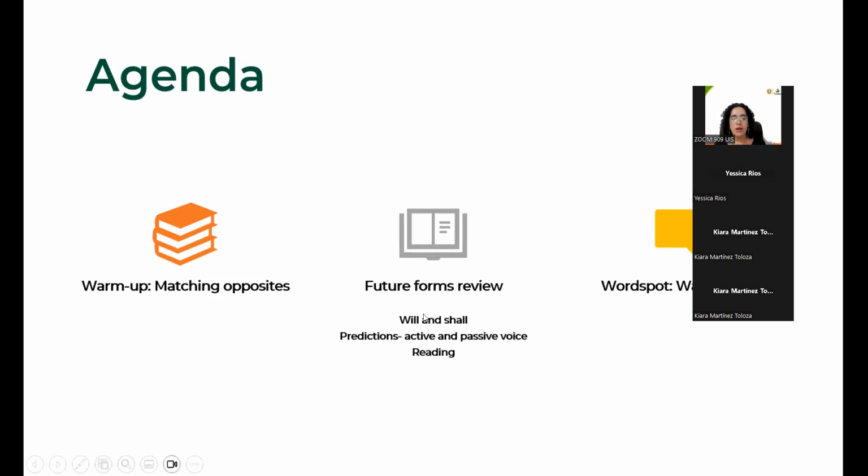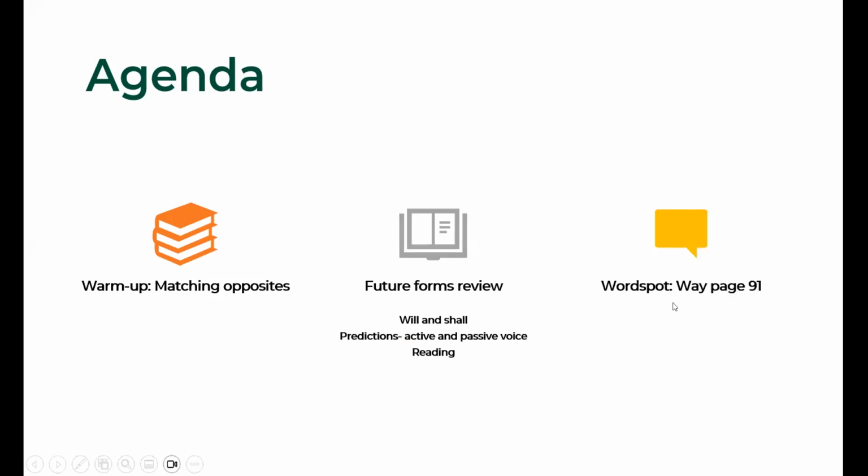We will watch a video about will and shall, an activity of predictions of active and passive voice, and a reading activity. And finally, we will work on a word spot for the word way on page 91. So that is the plan for today: a lot of practice for the future forms and also to cover the word spot for unit 9.